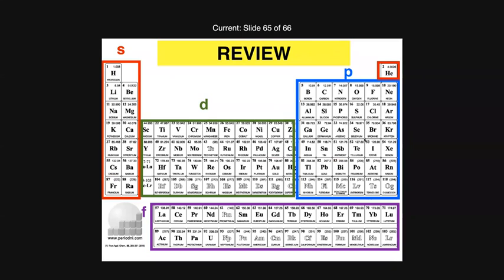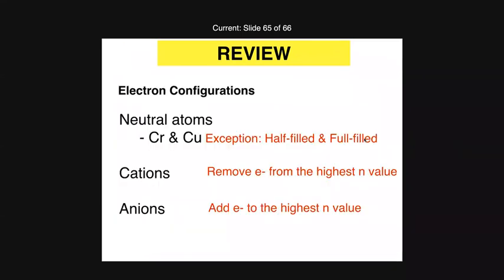The summary of this lecture is that you should be able to write out the electron configuration of neutral atoms, and also know the exceptions of chromium and copper. Those are the only 2 exceptions that I would like you to memorize. And you should be able to write out electron configurations for cations and anions by knowing that when you remove electrons, you have to remove from the highest n value.